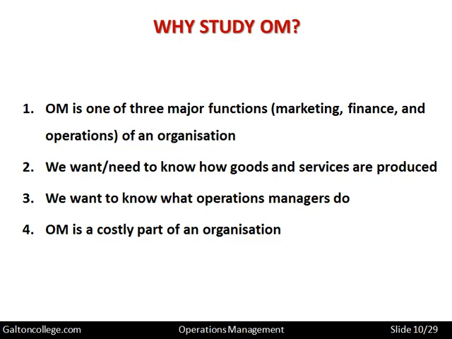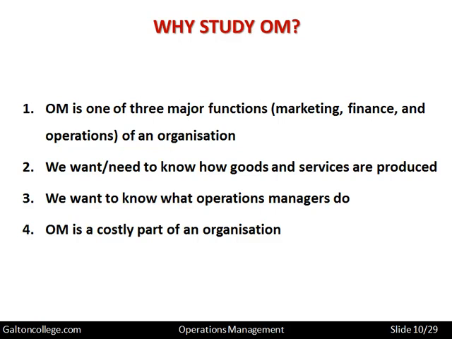This is the part that incurs most costs for most companies. It's the part that has the factory unit, the machinery, the stores. It all involves processing the inputs into outputs. It involves training for the workers, recruitment, maintenance of machinery. It's an expensive part of the organization.